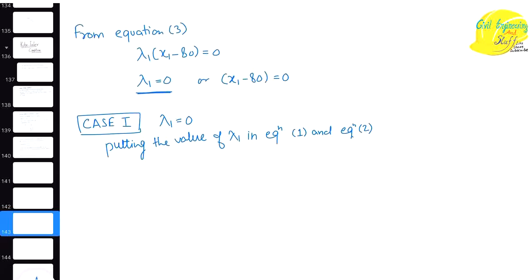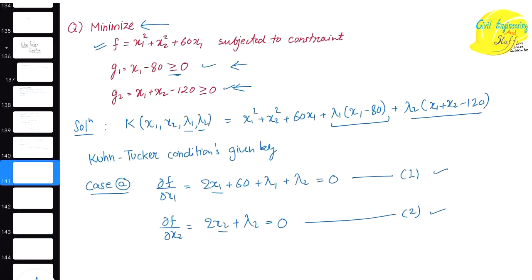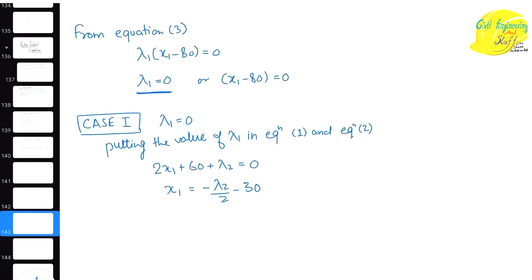We have 2x1 plus 60 plus lambda 2 equal to 0, so my x1 will be minus lambda 2 divided by 2 minus 30. Putting the value of lambda 1 in equation number 2, we get x2 will be minus lambda 2 by 2. So you see we have the value of x1 and x2.